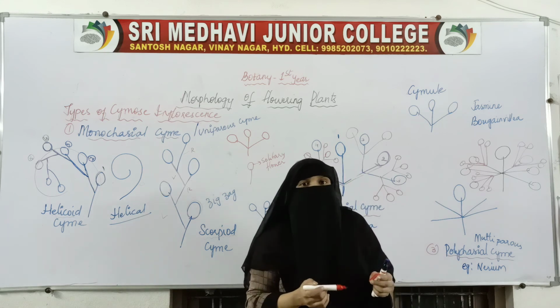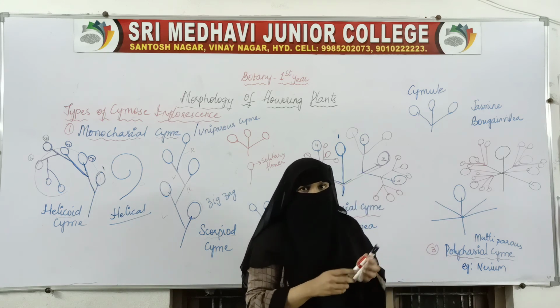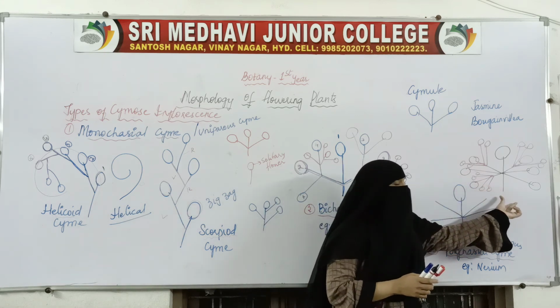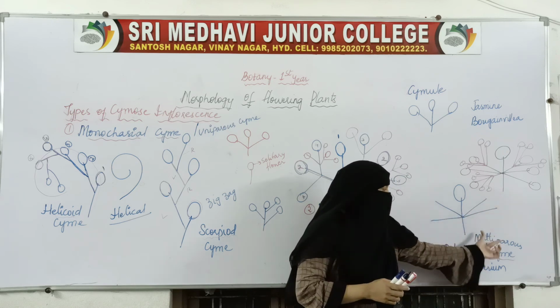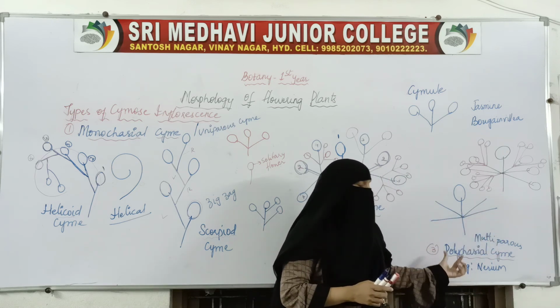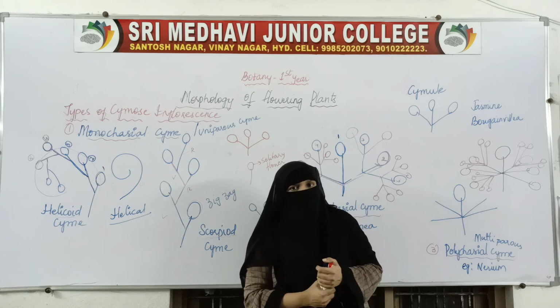So it is giving many branches at the same time. This type of arrangement is called polychasial cyme.